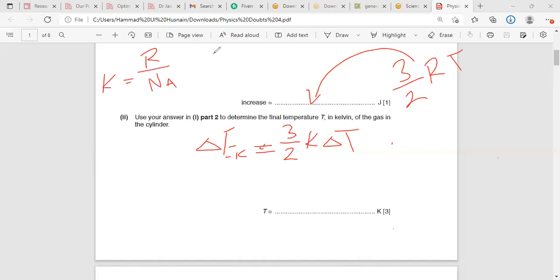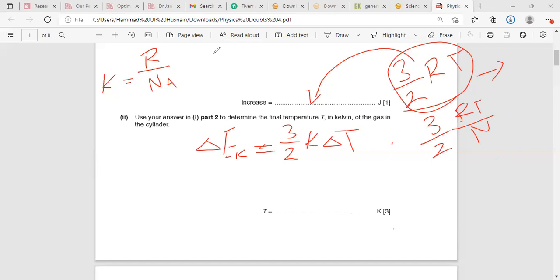And this is the total energy for n molecules, 3/2 RT. Now, if you want to find the total energy for one molecule, what will you do? You will write 3/2 RT divided by N. Is it right till this point?